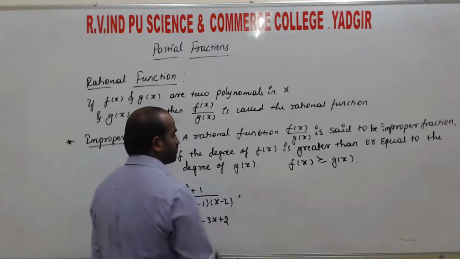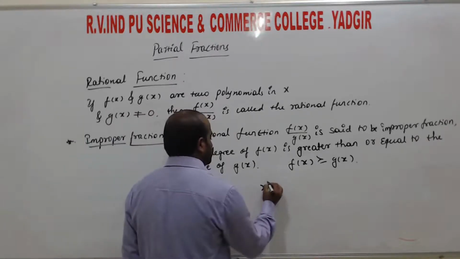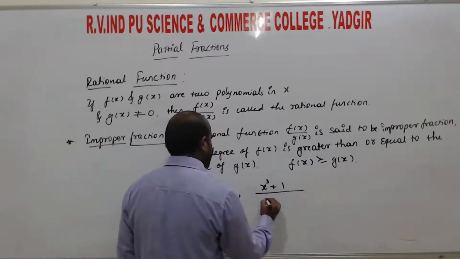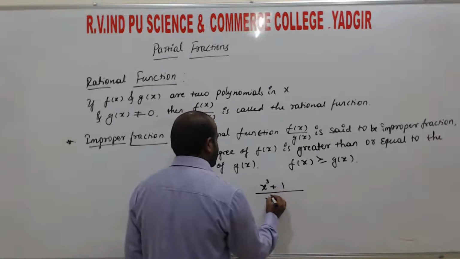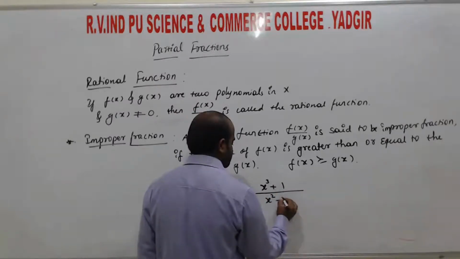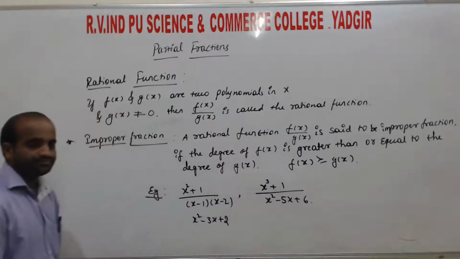Next, f of x is x cube plus 1 divided by x square minus 5x plus 6.